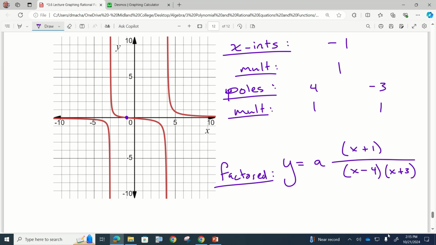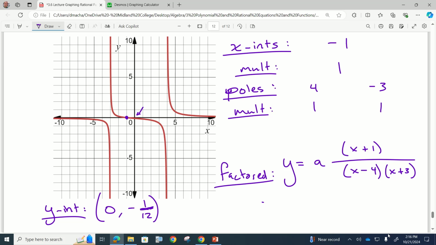To solve for the leading coefficient, I need my y-intercept. But my hint this time says that my y-intercept is (0, -1/12). I provided that in the hint because it's hard to see where that is exactly.